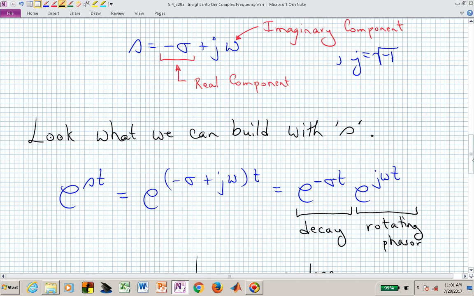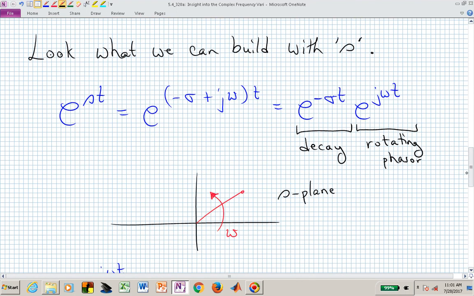And so what you'll want to maybe be thinking about is this rotating phasor. Think of a dot in the complex S-plane. Again, this plane has a real component and an imaginary component.